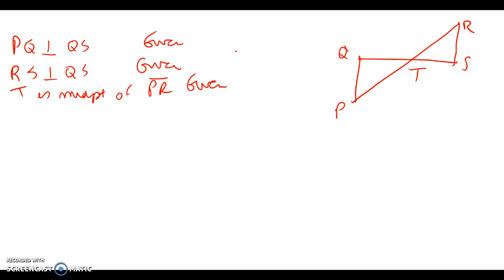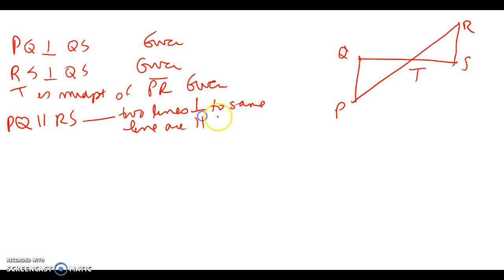All right, if PQ is perpendicular to QS and RS is perpendicular to QS, then PQ is parallel to RS. Something like two lines perpendicular to same line are parallel to each other. Okay? So now we know these are parallel lines.